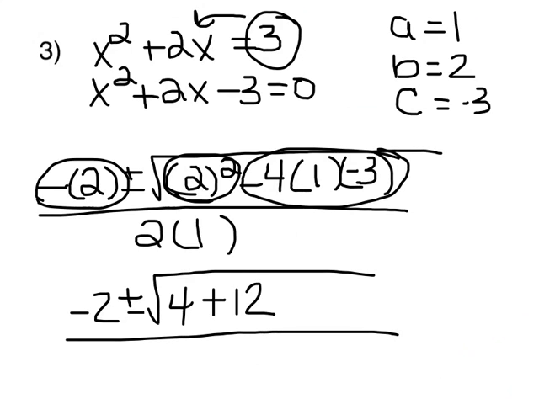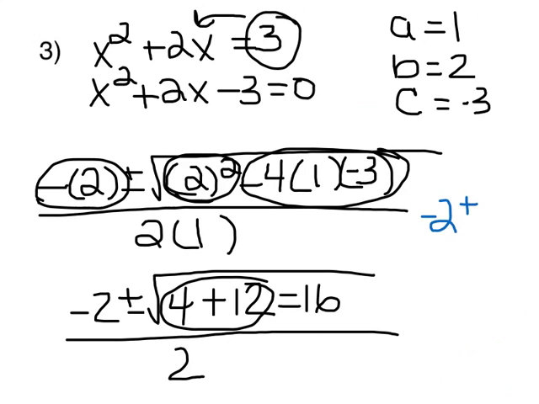That'll be divided by 2 times 1, which is 2. We can add this part together. 4 plus 12 is 16. So now we have a negative 2 plus or minus the square root of 16 right here. The square root of 16 is 4. And that's divided by 2.